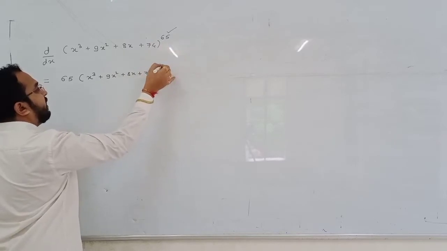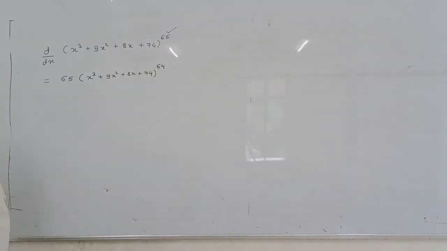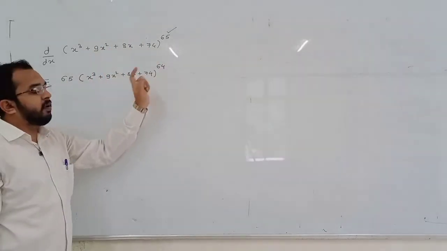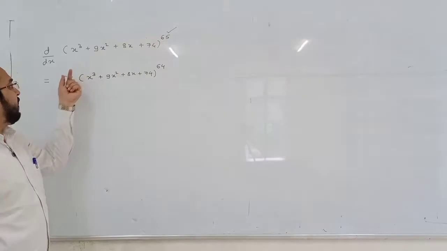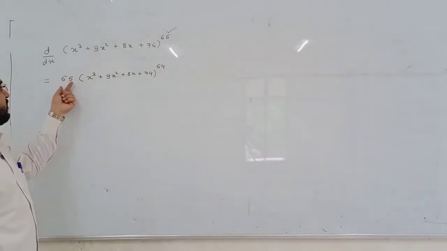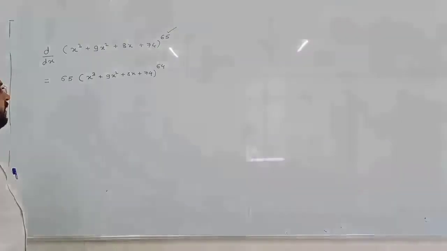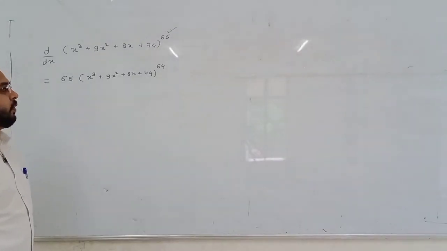Reduce the power by 1. What is the power rule? Take the power in the numerator and reduce the power by 1. So take this power 65 in the numerator, and the power will become 64.